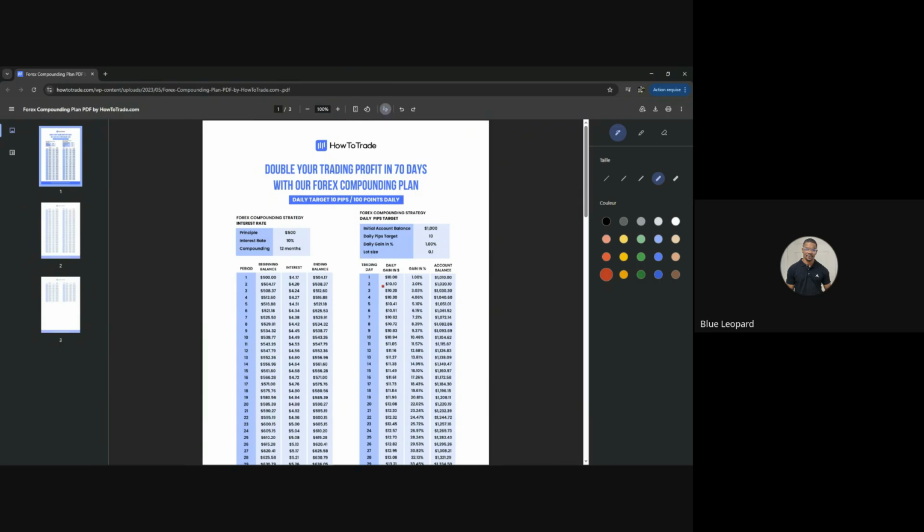Now let's see the periods, okay? You should see how the trading days, you trade every day, 1, 2, 3. Every day you are trying to trade and put 1% per 10 pips with your lot size here. And all you need to do is 1% gain. So for 1,000, you just make 1%, and now it's 1,010, okay?